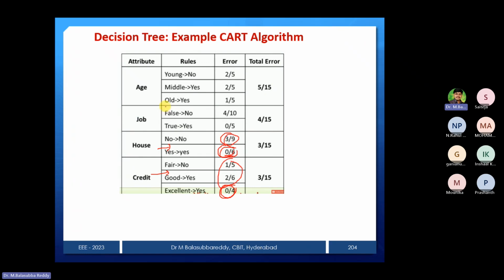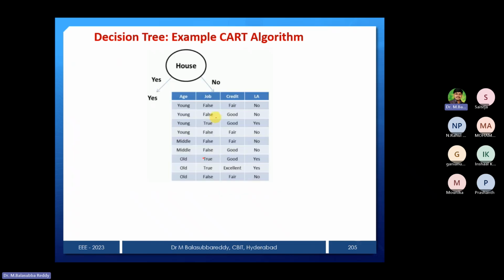Whereas in this case, 3/9 will be the error. So that means only 1/3 will be there. Now you take house as your root node. Like that, house as root node, which is your minimum error. Let it be yes, yes. That is what we can take.